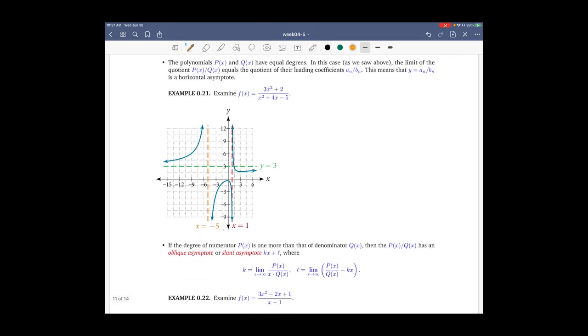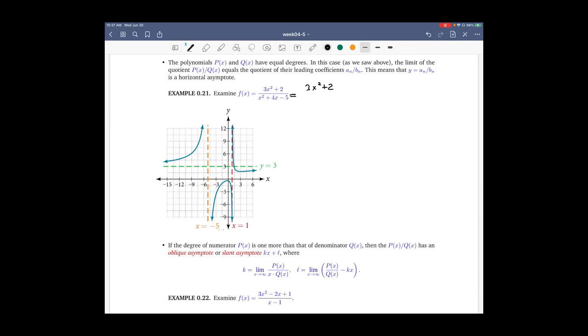Here is one example of this situation. Let's work with this function, 3x squared plus 2 over x squared plus 4x minus 5. We see immediately that the numerator doesn't factor over real numbers.